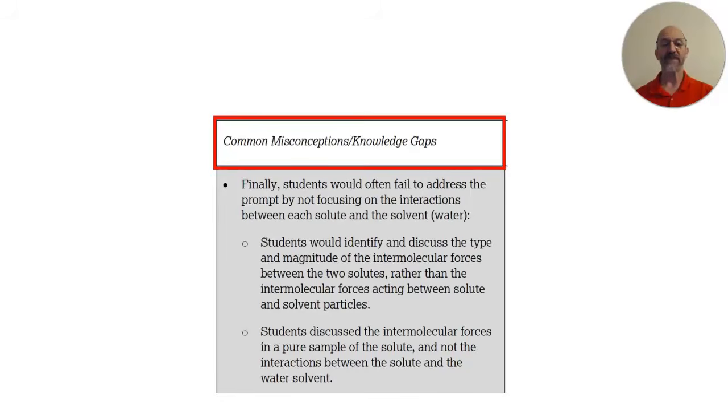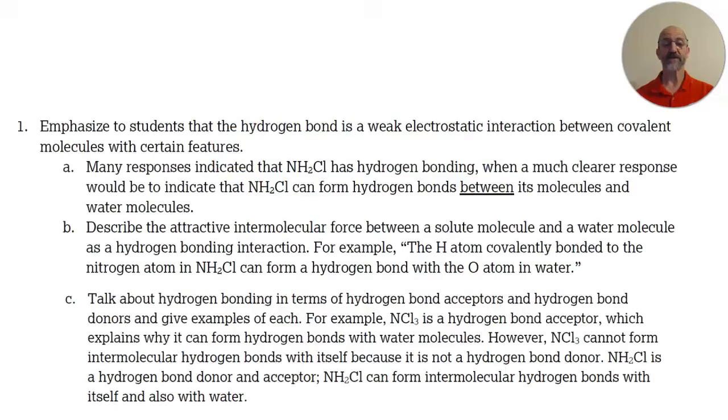They would simply discuss the type of intermolecular forces between the solutes, or they discuss the intermolecular forces in a pure sample of the solute and not the interactions between the solute and the water. So again, this was a good example of common mistakes. This was the 2022 exam, question 4, part B.